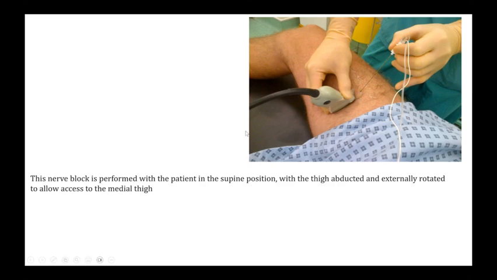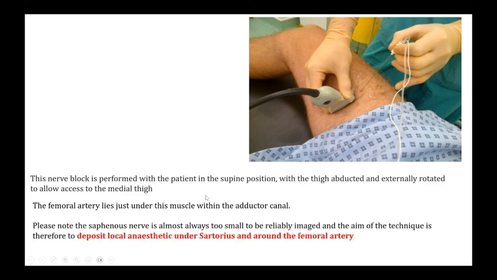Once you pierce the sartorius muscle, the saphenous nerve is sometimes too small to be identified with the probe. The image will not be so clear. But the femoral artery you can easily see with the pulsation. And even if you just deposit the local around the femoral artery, it will spread and catch this.